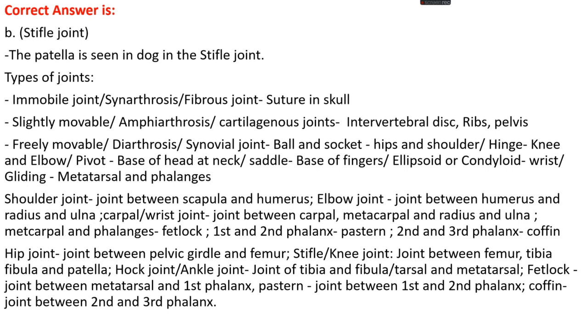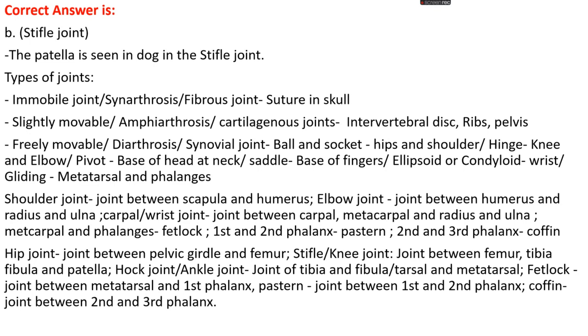The last is the freely movable diarthrosis, or synovial joints, for example ball and socket, which we see in the hips and shoulder, and hinge joint, which is in the knee and elbow joints, pivot, which is the base of the head at the neck, and saddle, which is the base of the finger. Then ellipsoid or condyloid, that is the wrist joints, and gliding, that is the metatarsals and phalanges, which are gliding joints.